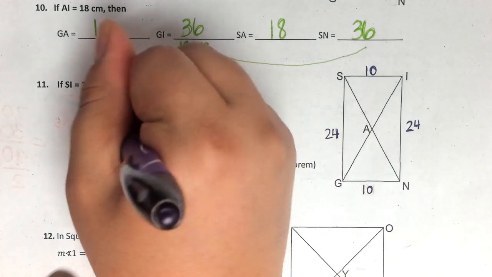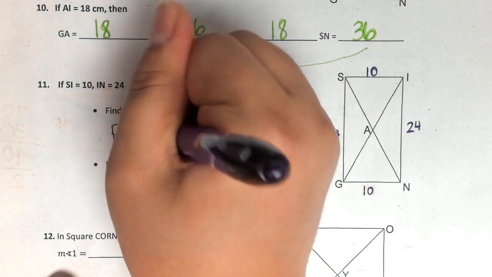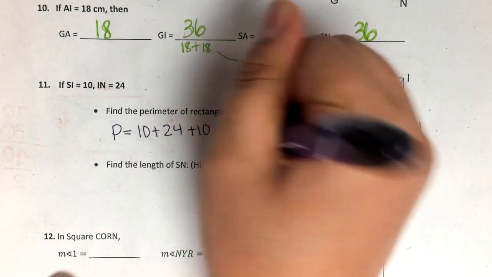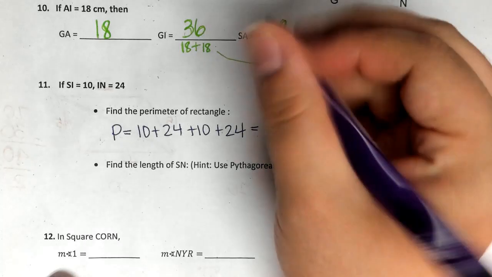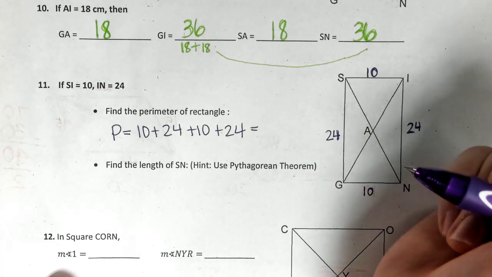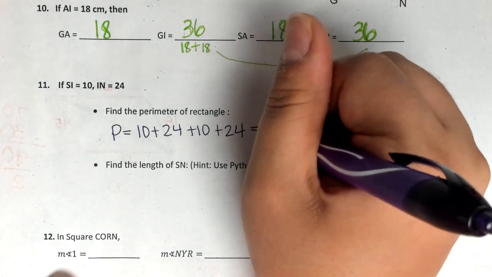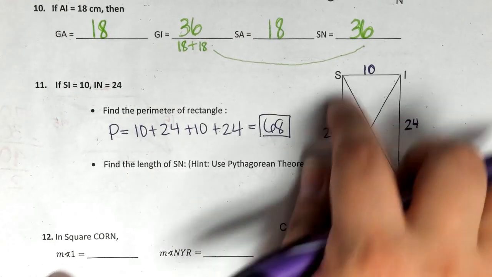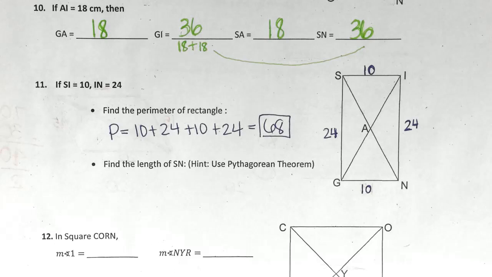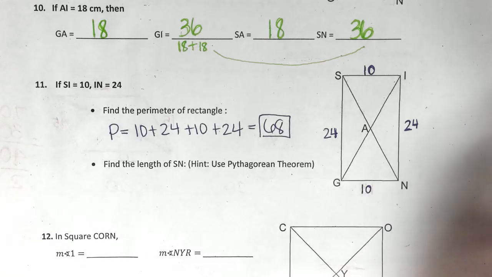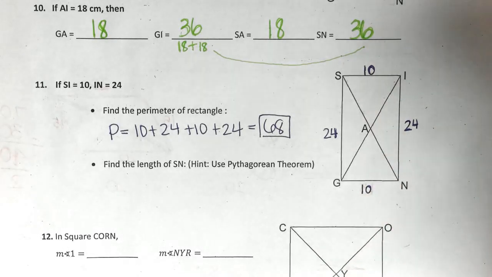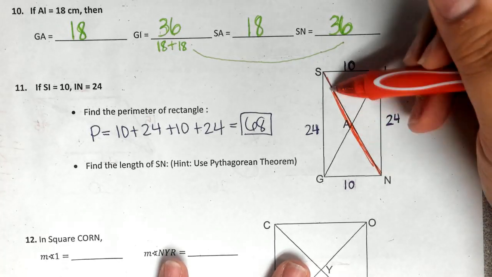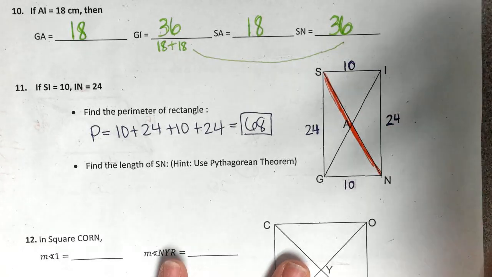Add them all together. 10 plus 24 plus 10 plus 24. What'd y'all get? 68 is my answer. Add all the outside. That's perimeter. Now, y'all look up, please. How do I find SN right here? I have nothing in the middle.